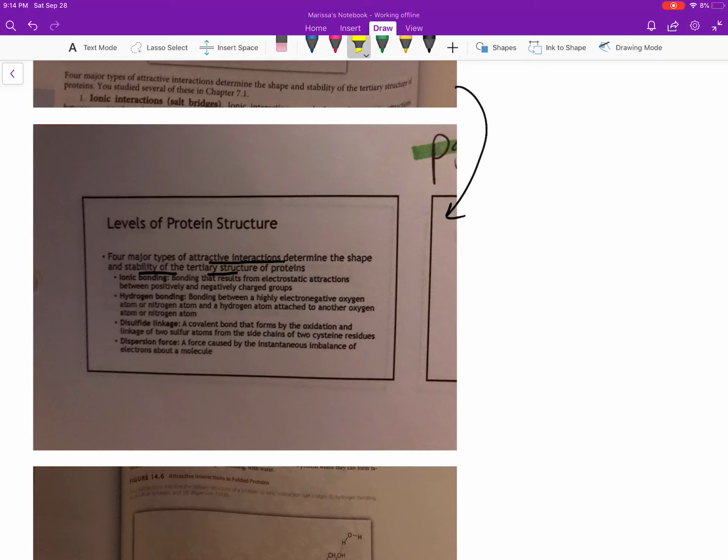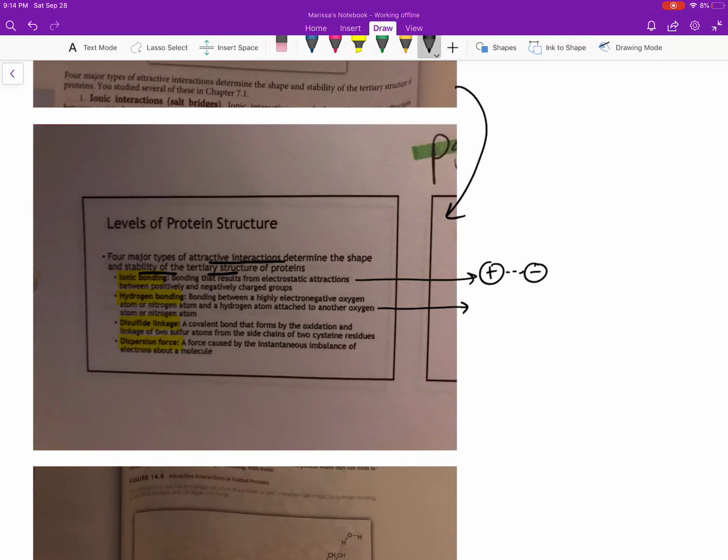So those four are ionic bonding, hydrogen bonding, disulfide linkage, and dispersion forces. Okay? So ionic bonding is bonding that results from the electrostatic attractions between positively and negatively charged groups. Okay? So it's an affinity.